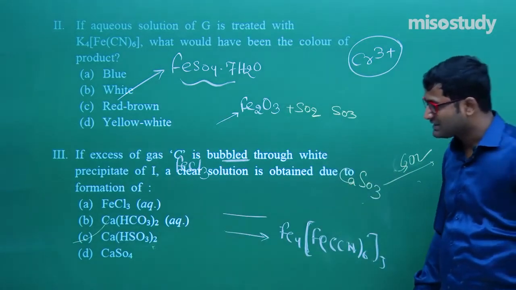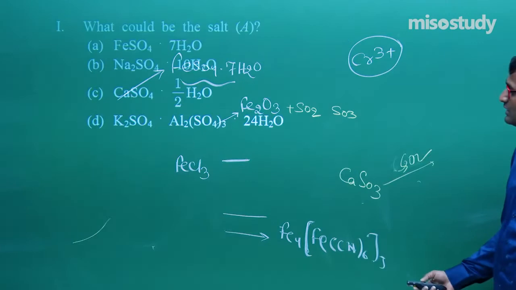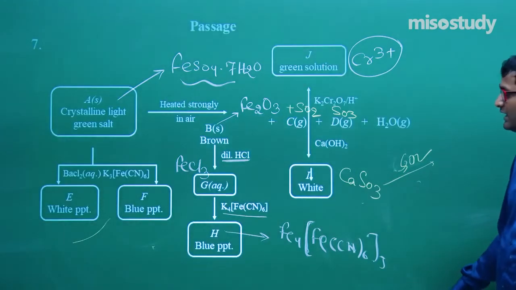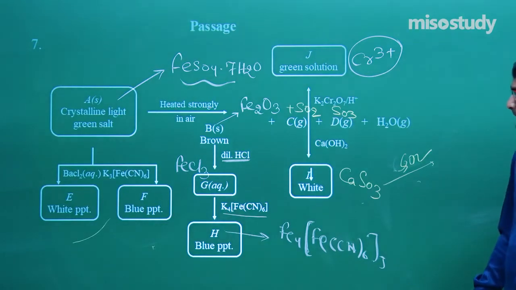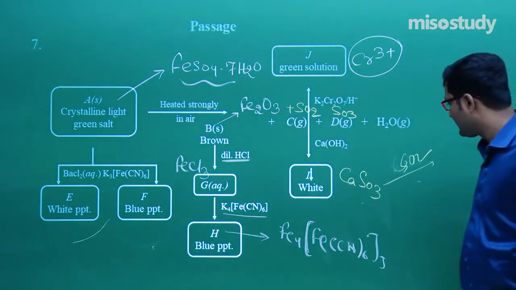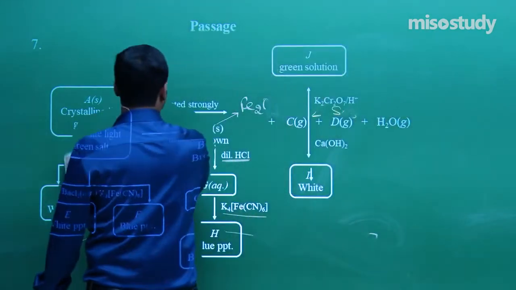So the option is C. Again, read the question carefully. This is completely theory based. Check out what I have written here. Clear, friend? Now I am going to rub this part and we'll discuss the next question. Wait for a moment.